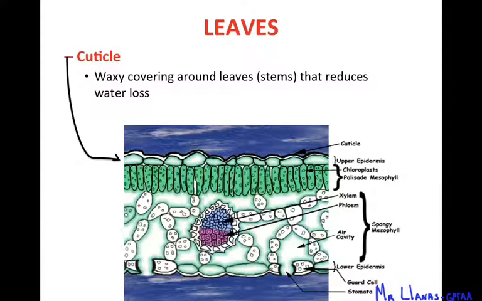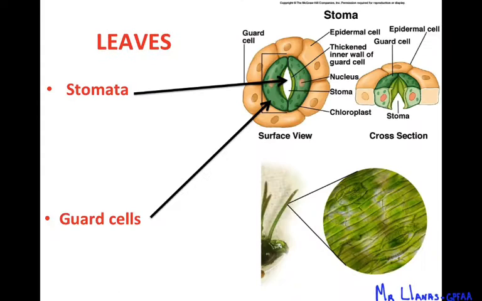So they could have this waxy covering around the leaves and stem, and they could absorb water through the roots and then prevent that water from escaping through their leaves and stems, because the cuticle keeps the water in.